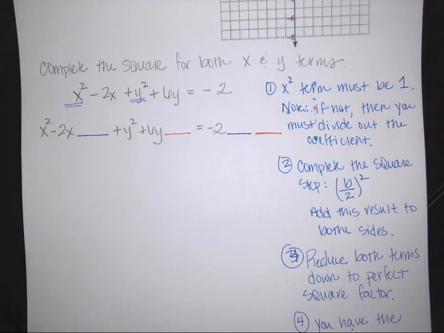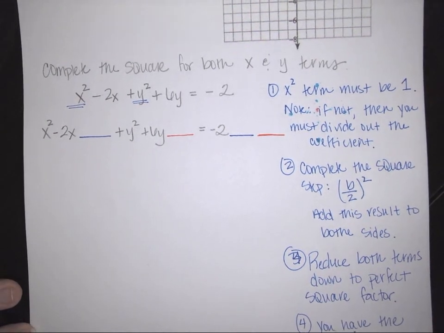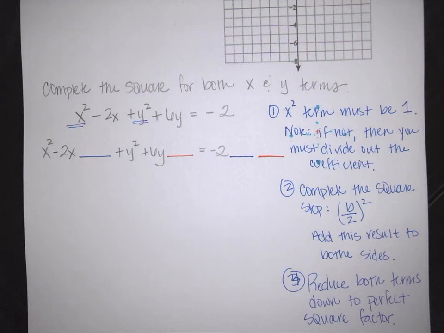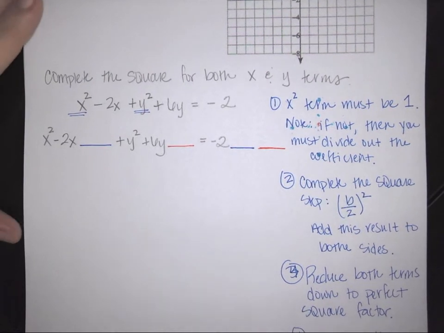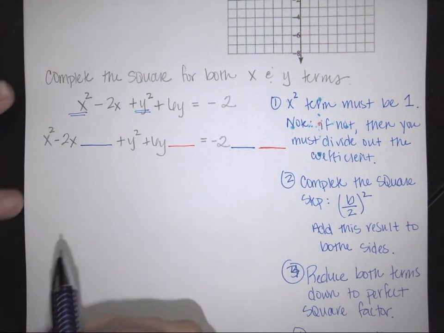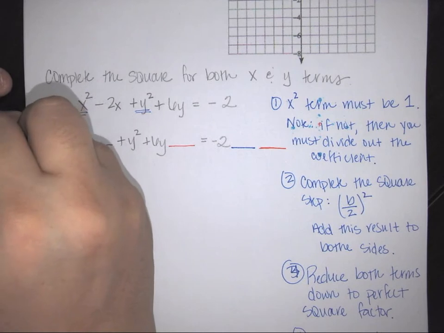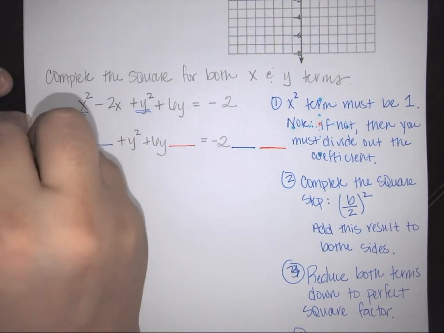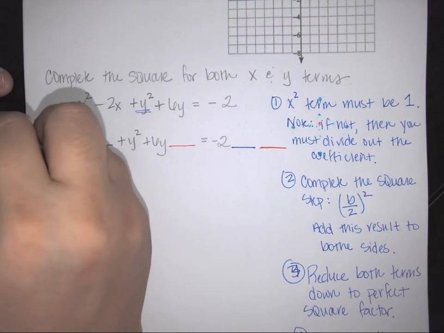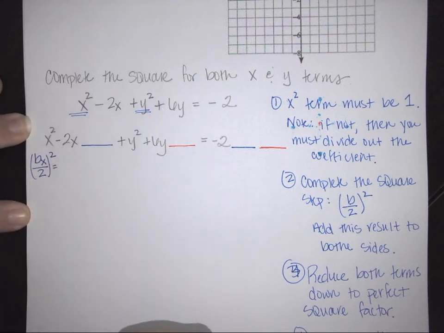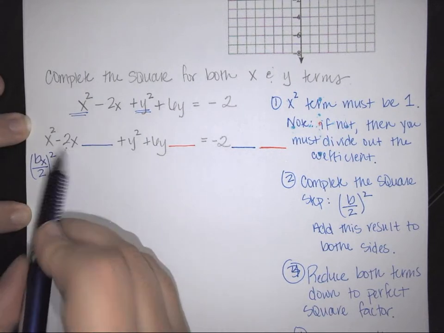The way this works is going to be fairly simple. What we're going to do is find that b over 2 squared step for each term. We're going to start with my x term. This is going to be the b of your x term over 2, and we're going to square it. My b term here is negative 2.